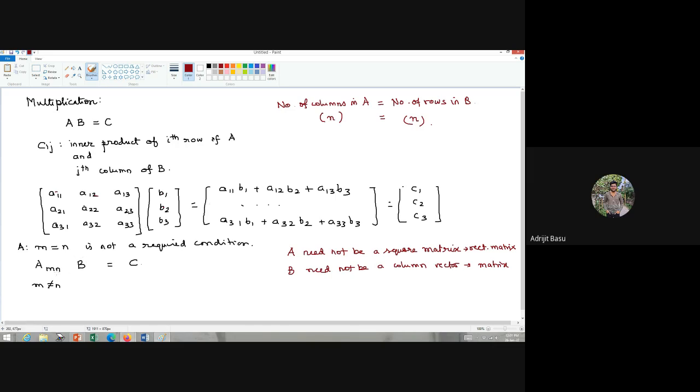Now we write the number of rows in the first. So this is n. And what is the number of columns in B? It can be any, there's no restriction. So I can write k. In that case, how many rows will M have?